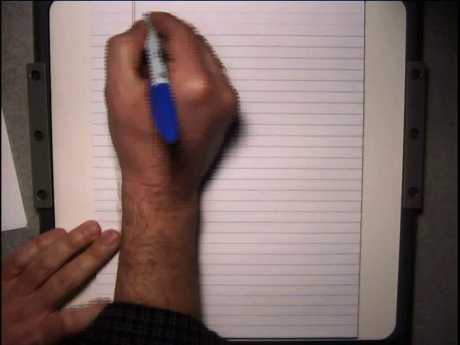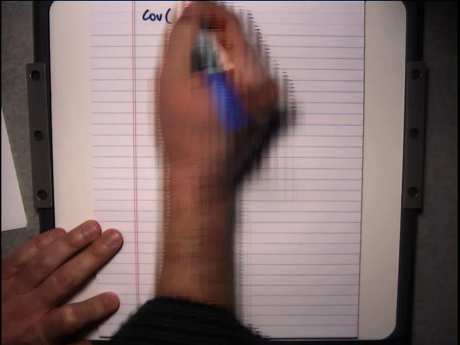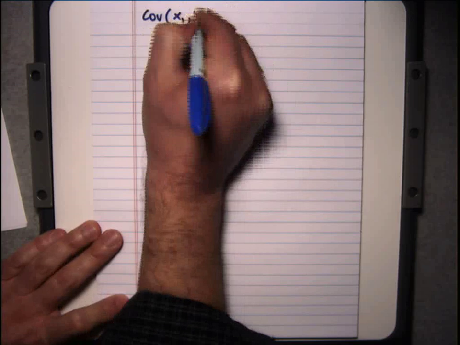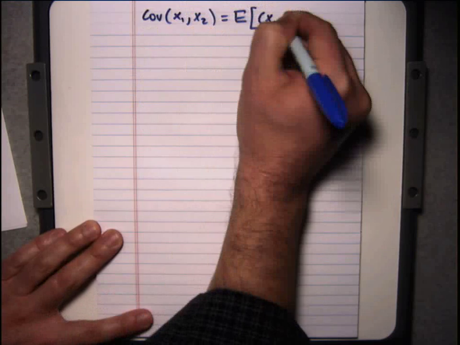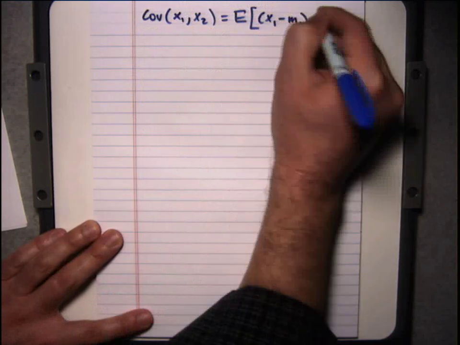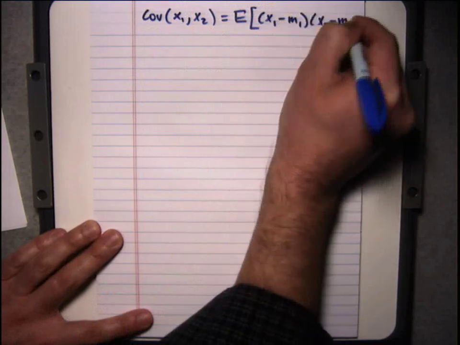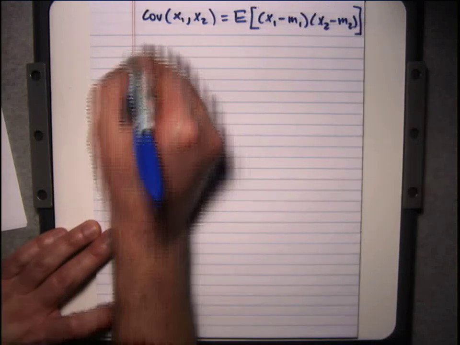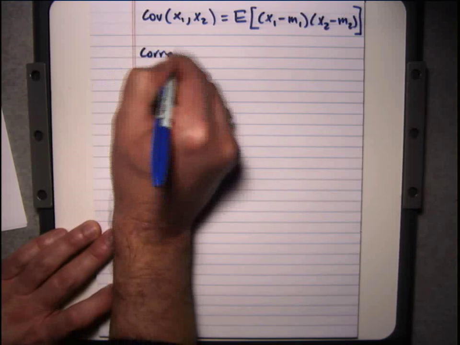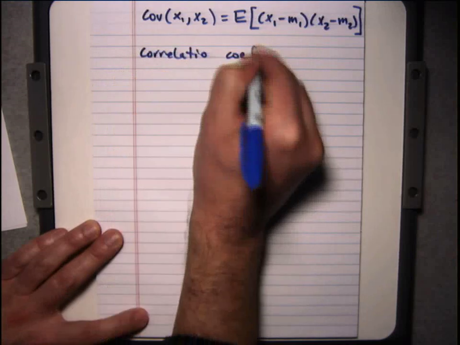Now, when you have two random variables, we also think about the covariance between the two random variables, just as I described to you before. The covariance between x1 and x2, just to rewrite it, is the expected value of x1 minus its mean times x2 minus its mean. Related to this is the so-called correlation coefficient.